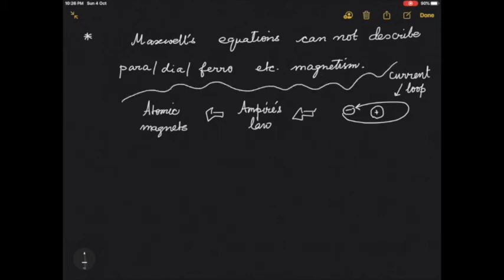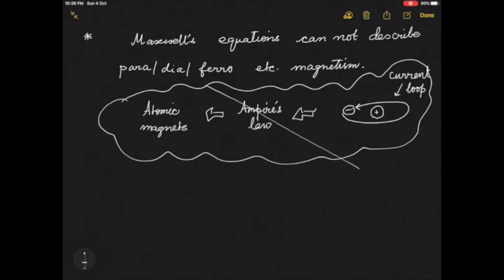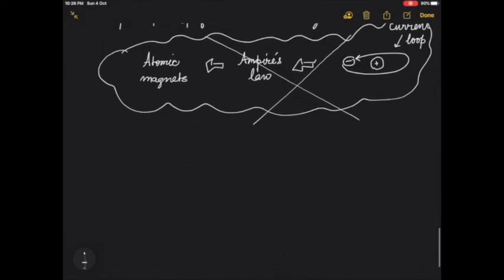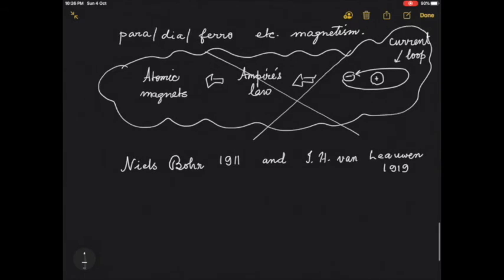Now this doesn't work, and it is not that I am telling you for the first time that it doesn't work. It was shown by Niels Bohr in 1911, and in 1919 that this simple description of atomic magnets cannot give rise to any of the para, ferro, or diamagnetism, antiferromagnetism, anything, any of the atomic magnetism.